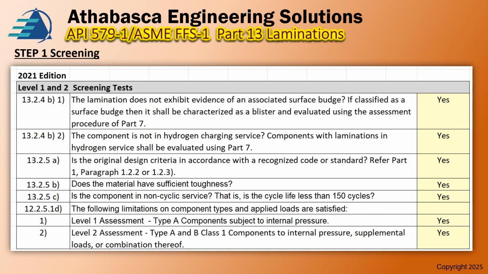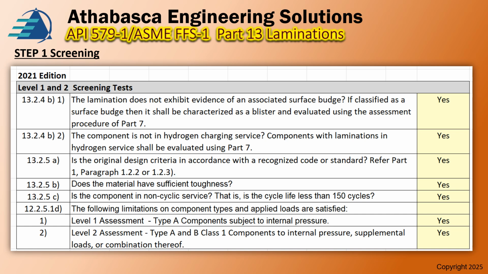The second one is, if the component is in a hydrogen-charged service with lamination, you have to go back to Part 7 for that. Is the original design criterion in accordance with the code or standard? That's a standard question asked for every part. I've never seen anybody not do this, but it's about following the recognized codes.